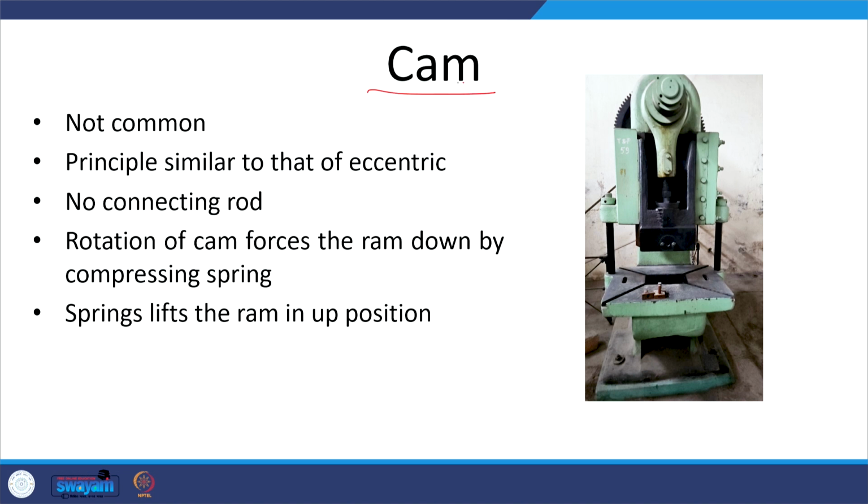Cam is one where the cam is used to convert the rotary motion into the reciprocating motion, but this kind of cam press is not very common. These also work on a principle similar to that of the eccentric, and there is no connecting rod like in the crank or eccentric type.